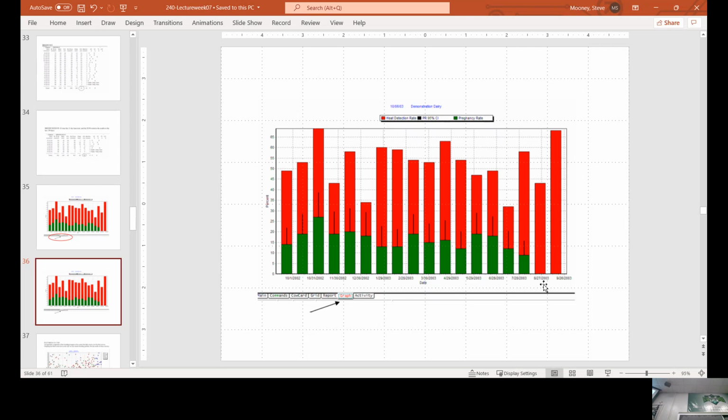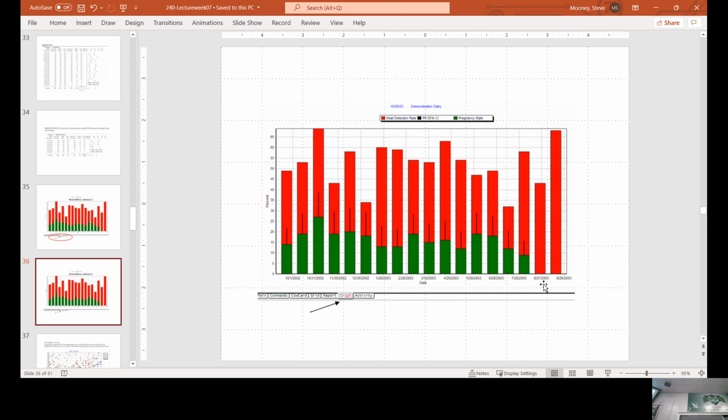Everybody remember, what's a reasonable, good conception rate? Let's say 40%. In order to get something greater than 20% for a preg rate, what does my heat detection rate have to be?